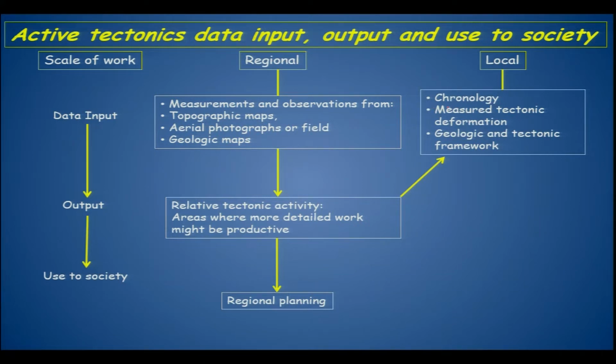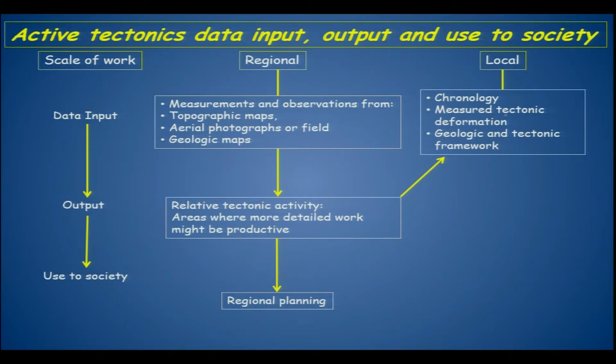So basically here we are talking about the ages of the landforms, and based on the ages or the dates, we can prepare the chronology of the tectonic events, and you can also measure the tectonic deformation. This can be done using GPS, and to some extent you can back calculate the tectonic deformation process using the chronology. Okay.